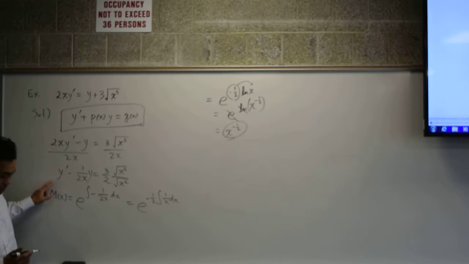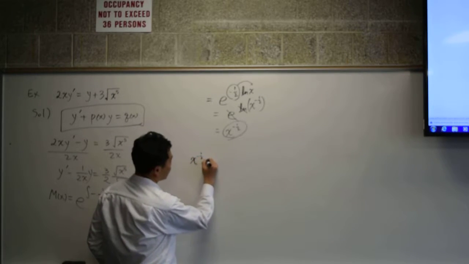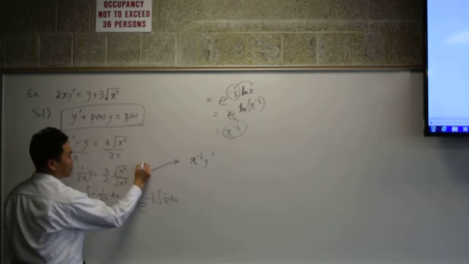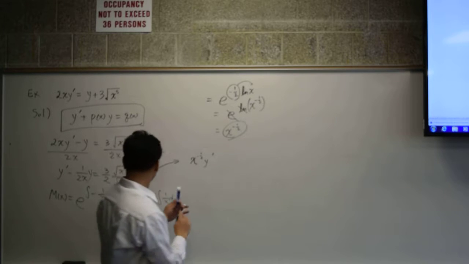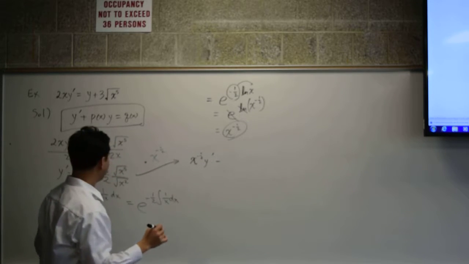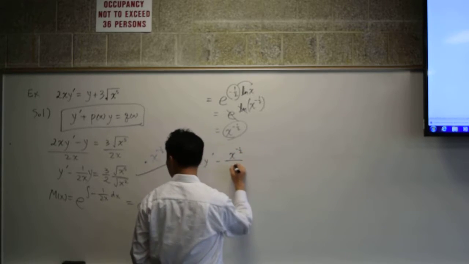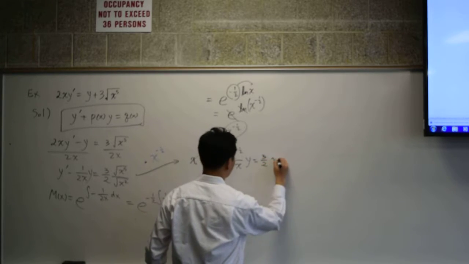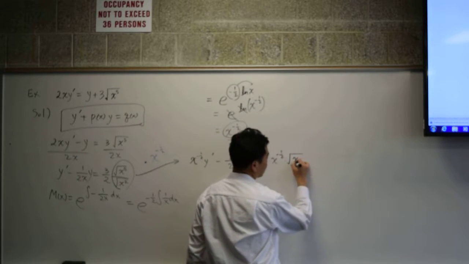Okay. All right, so let's multiply this to this side, and we get x to the negative 1/2 y prime. If I multiply the multiplier, x to the negative 1/2, to here, you have x to the negative 1/2 multiplied to this, and 3 over 2 times x to the negative 1/2 times square root of x cubed.